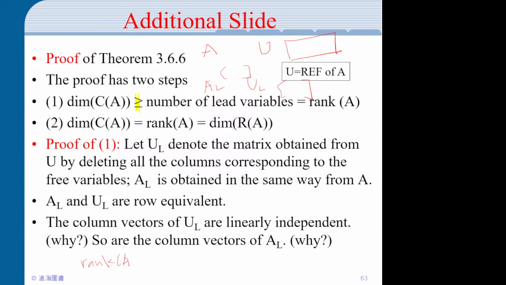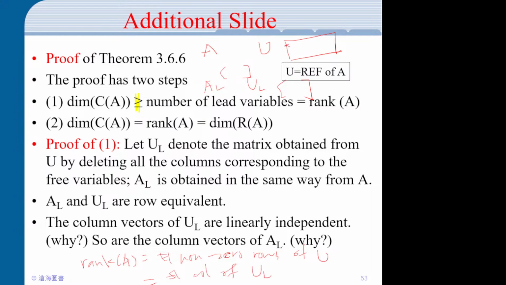Rank of A is equal to the number of non-zero rows of U, and that is equal to the number of columns of UL, because that's how you form it.